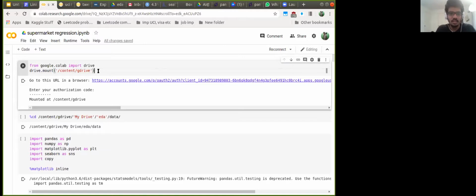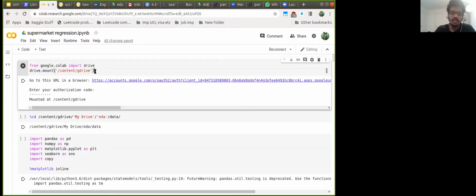As for the other three notebooks, okay, let's first start with the supermarket regression notebook. This is actually from a Kaggle competition and a tutorial that I found, and I played around with it, and with the competition also.